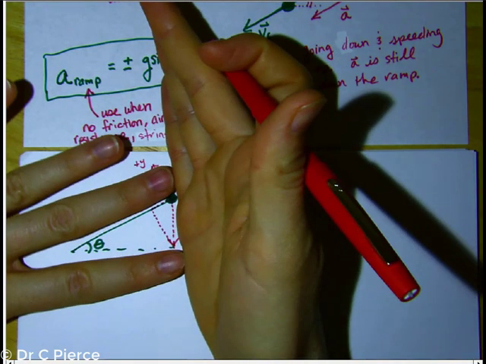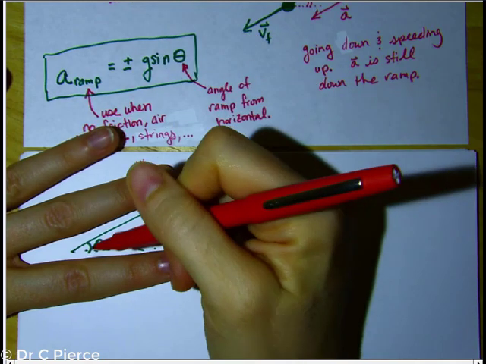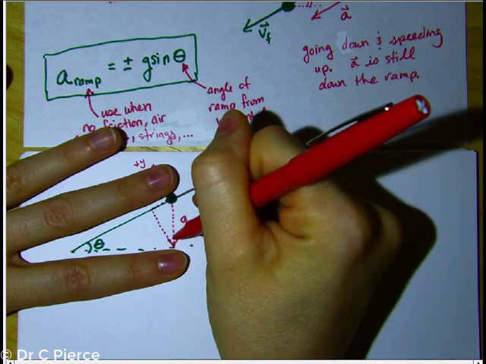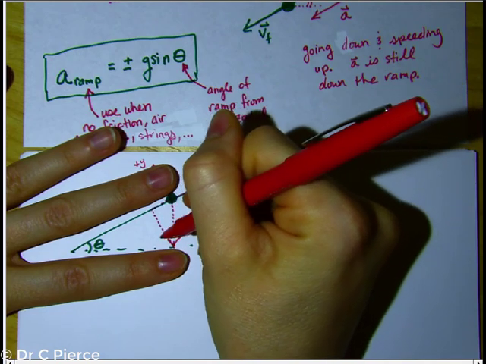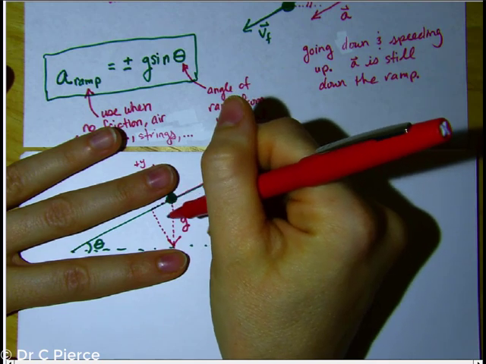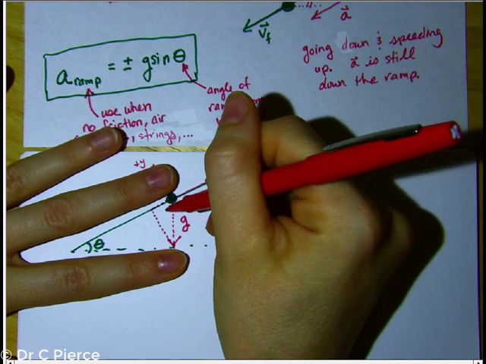So let's take a second and look at this bigger triangle here. This is theta. This down here is 90. So then doesn't this angle up here have to be 90 minus theta? Okay.